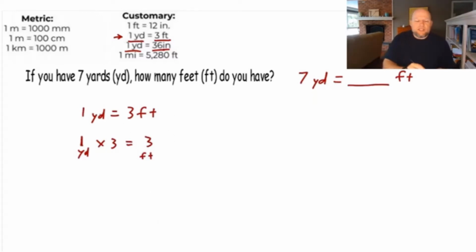That's a good equation to convert from yards to feet. So let's try it with this. 7 yards times 3 equals 21 feet. And that's how you convert yards into feet. So 7 yards equals 21 feet.